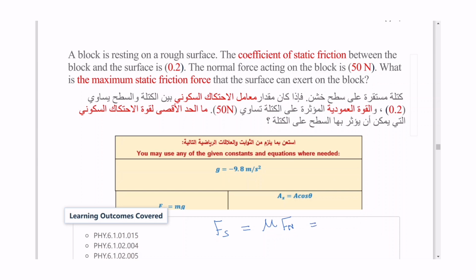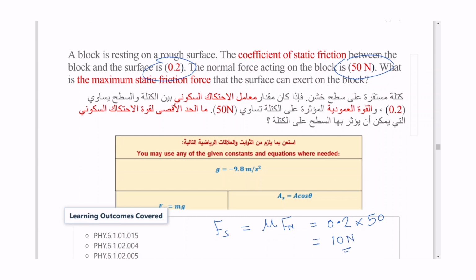So this is a very simple question. You need to apply the direct equation, because the coefficient of friction is given and the normal force is also given. Coefficient of friction is 0.2 multiplied by normal force 50, so the answer is 10 Newton.